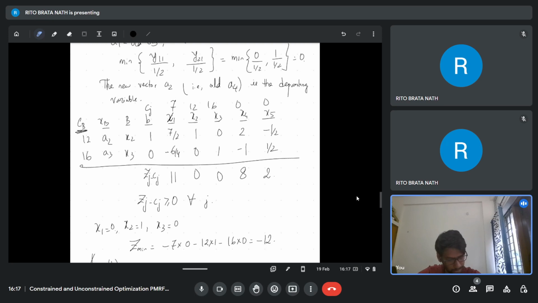So suppose I change x1 here, and if I increase it by a large amount, 18 or something, let's get into the initial tableau and try to understand.